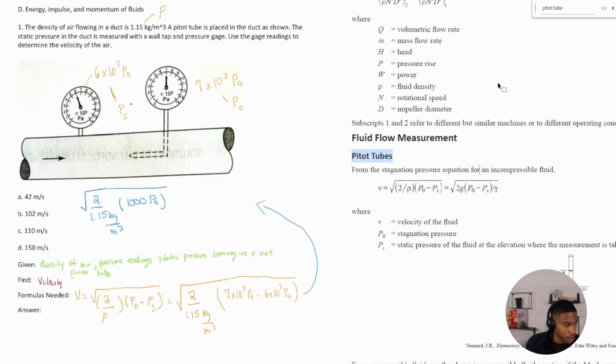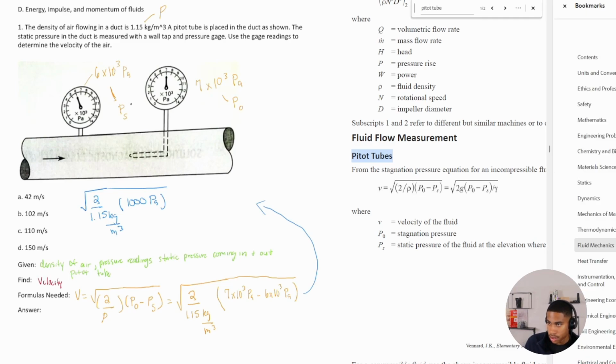All right. How do we get pascals to go into kilograms, or get some units to cancel, right? All right. So let's go to our unit conversions section to see if that'll help us.